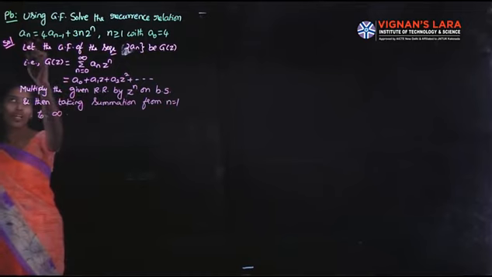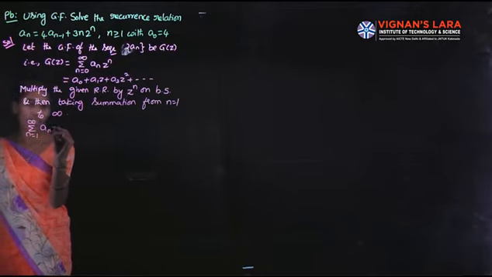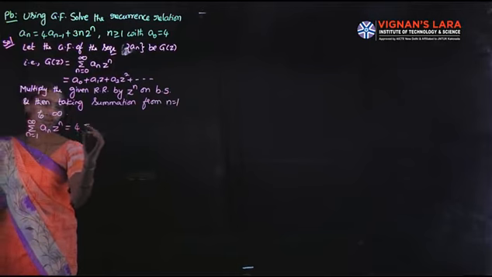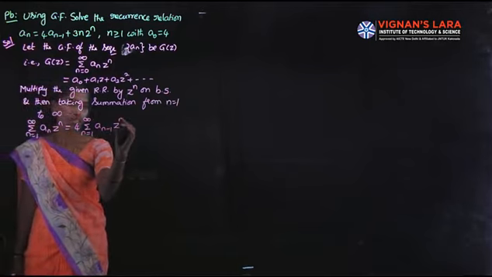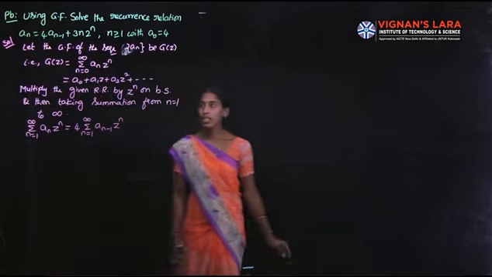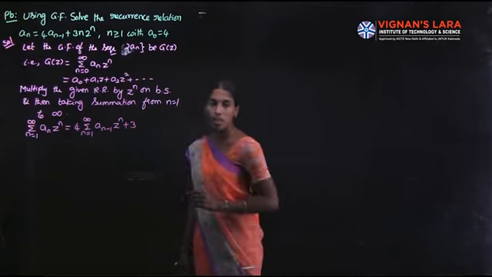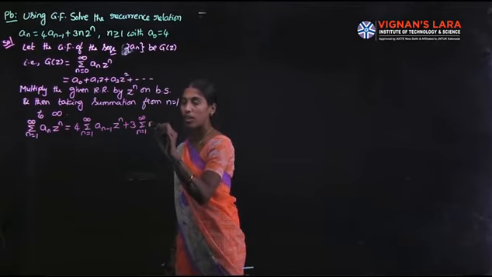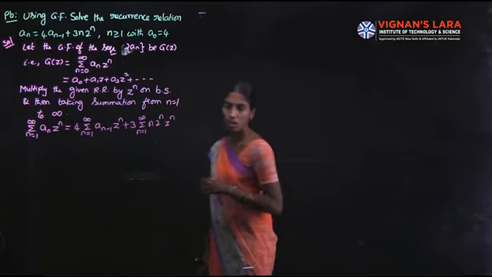So the left side is sigma n equal to 1 to infinity a_n z^n, equal to the right side: 4 sigma n equal to 1 to infinity a_{n-1} z^n, plus 3, a constant outside the sigma, sigma n equal to 1 to infinity n·2^n·z^n.